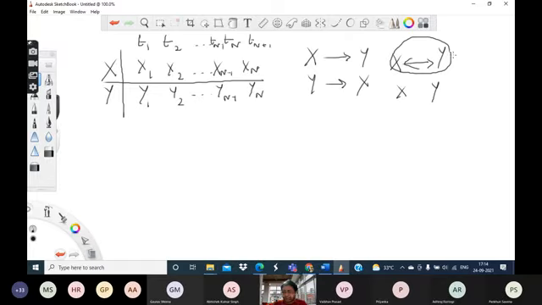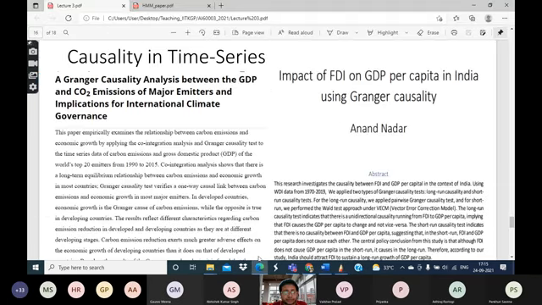Now let us consider a couple of economic questions from which this kind of analysis becomes important. The first question: we all know that climate change is a very crucial issue which the entire human civilization is facing today.